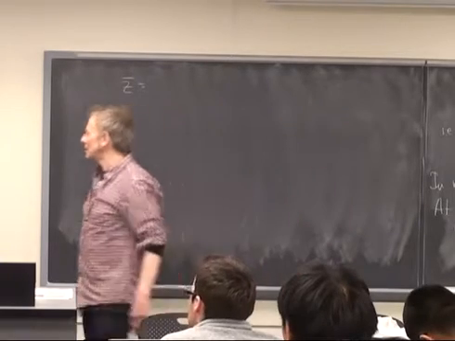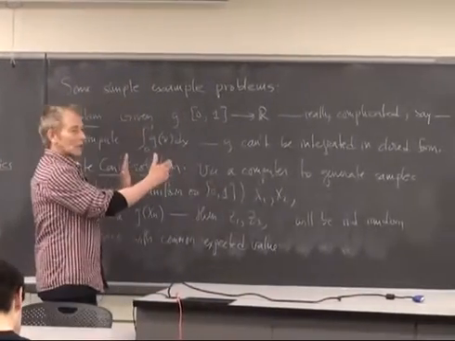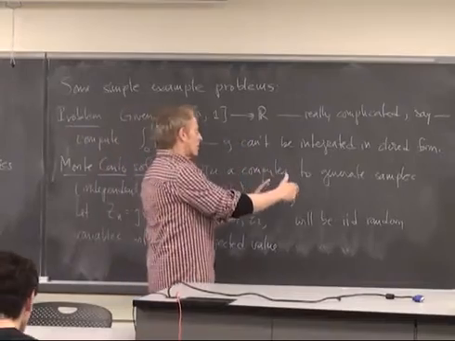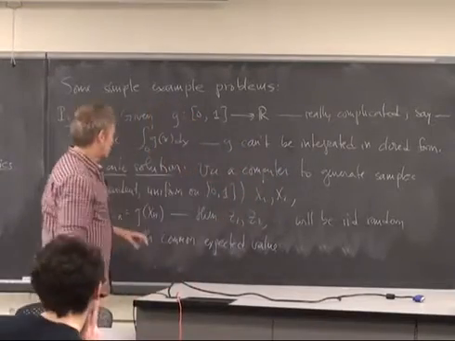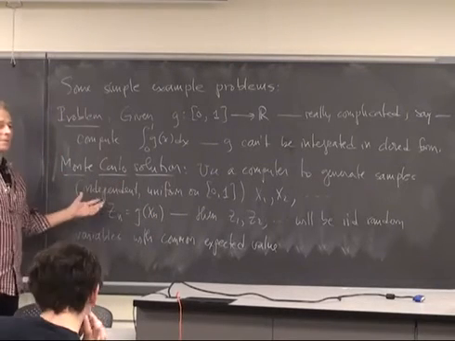Think of the x's as being uniform random variables on 0, 1. Okay? Think of, say, x1 as a uniform random variable on 0, 1. x2 is another uniform random variable on 0, 1, independent of x1. g of x1 is a random variable. Okay?